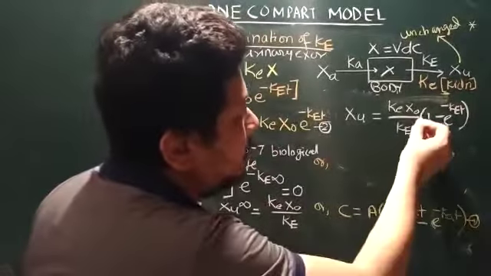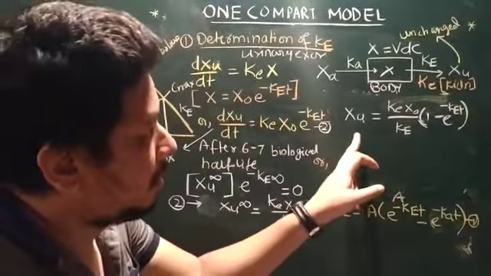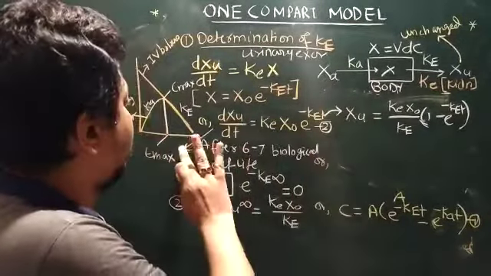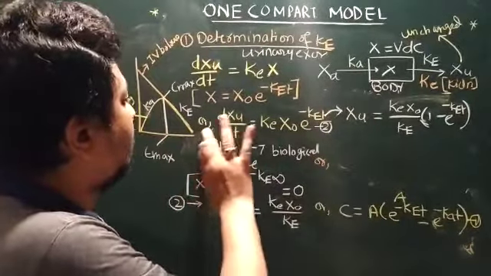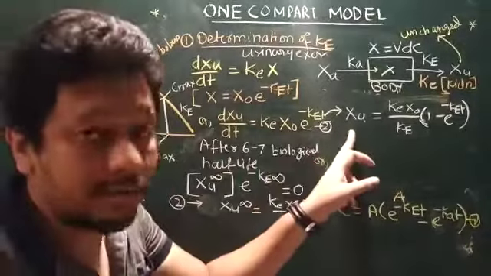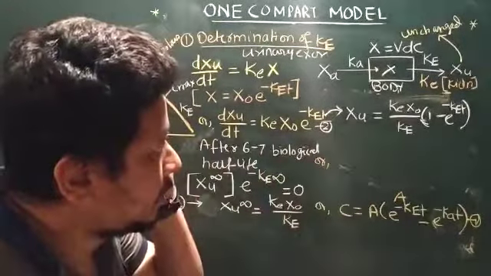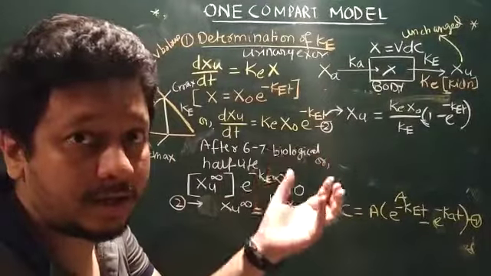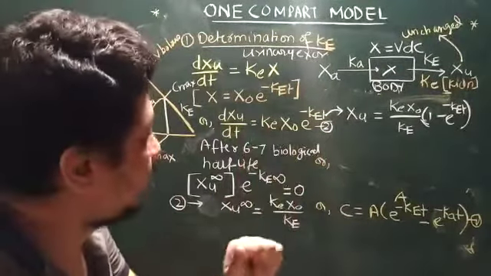This is what you will get after integration. XU is equal to Ke X naught. So this is the integration after urinary excretion data analysis.